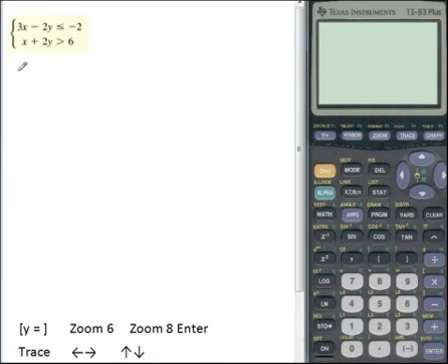Alright, so let's write the first inequality down. 3x minus 2y is less than or equal to negative 2. Subtract 3x from both sides of the inequality sign, and we'll get negative 2y is less than or equal to negative 3x minus 2.